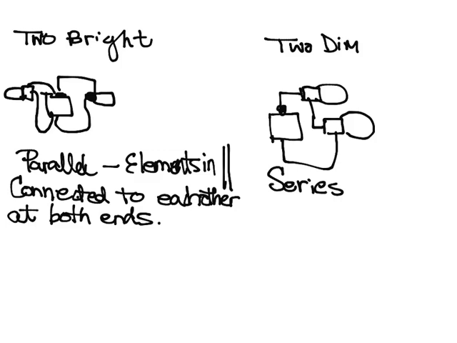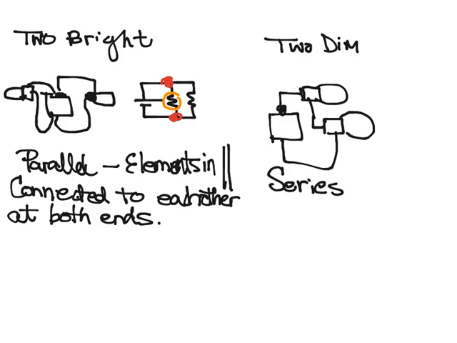Okay, so this is easier to see when I draw out a circuit diagram instead of the battery and the light bulbs themselves. So remember, this is our battery, and for them to both be bright, we have our two light bulbs, which are represented by this squiggly resistor line. And they're both connected to each other at each of their ends.